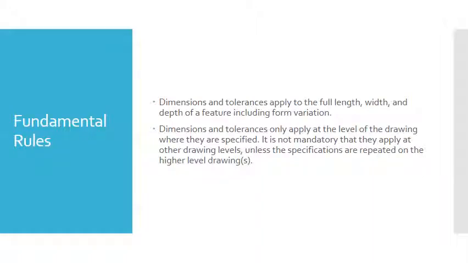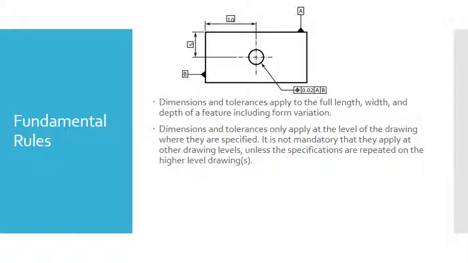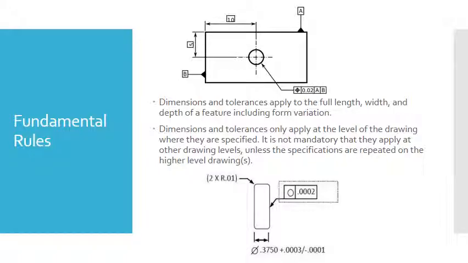Dimensions and tolerances apply to the full length, width, and depth of a feature including form variation. Dimensions and tolerances only apply at the level of the drawing where they are specified. It is not mandatory that they apply at other drawing levels, unless the specifications are repeated on the higher level drawing.